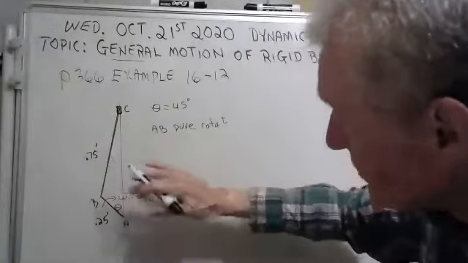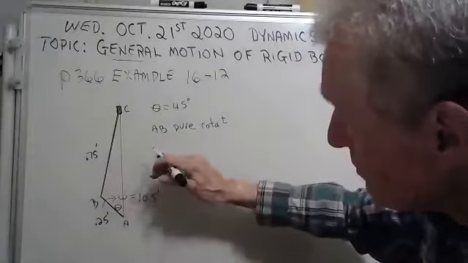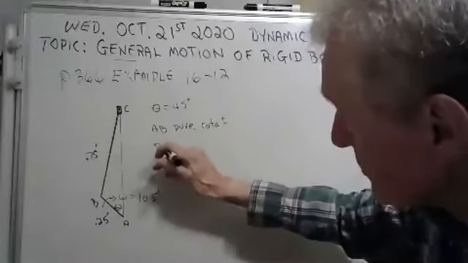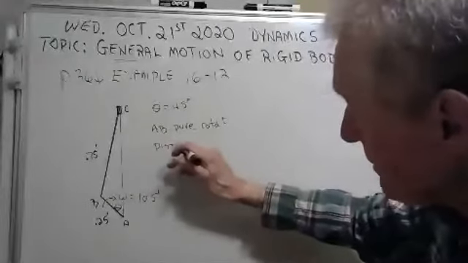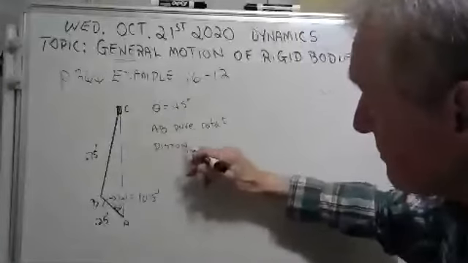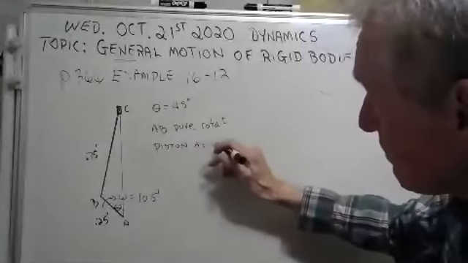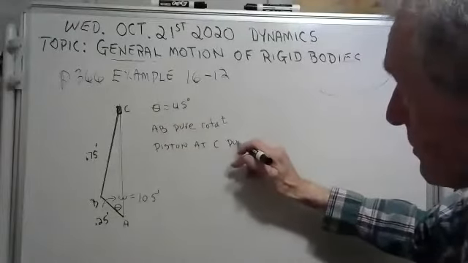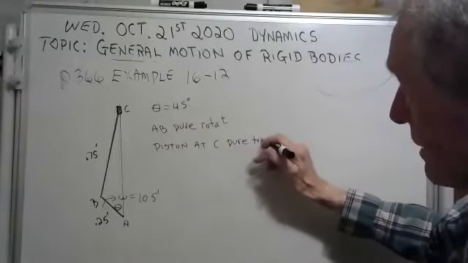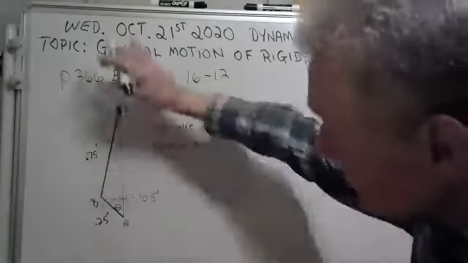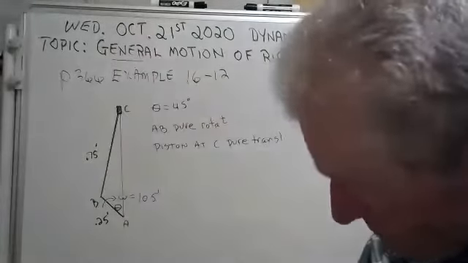BC is this connecting rod. Wait a minute, let's talk about the piston. The piston at point C is in pure translation. It's going up in this case.